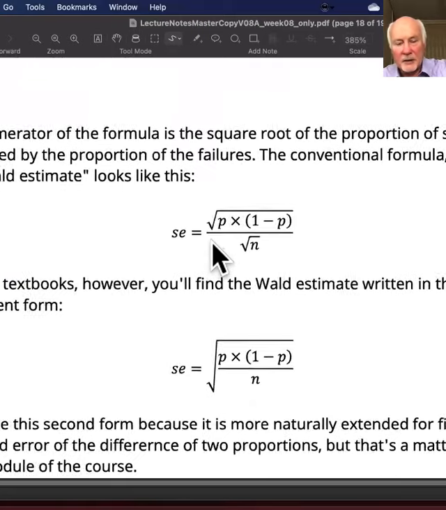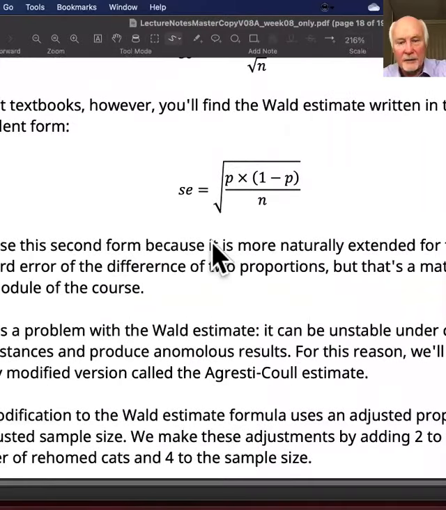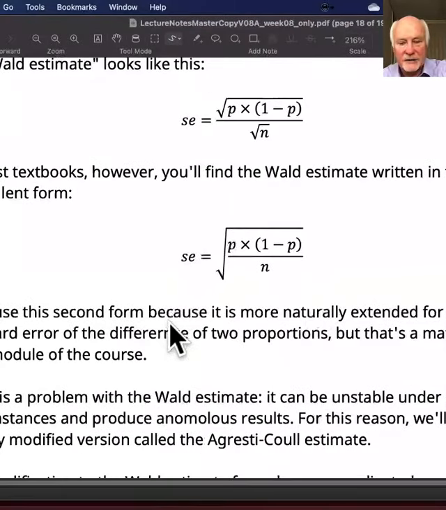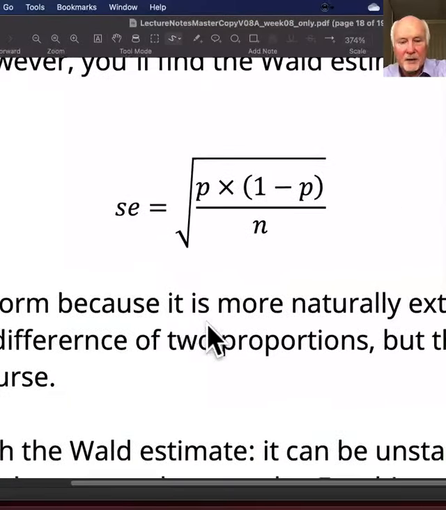The way that it's normally written, which is mathematically equivalent, is this second version here. This version is known as the Wald estimate, W-A-L-D. This is what you'll see in all the textbooks. This is the most common way. I learnt this as an undergraduate. If you've done an introductory statistics course, you've almost certainly learned this formula.